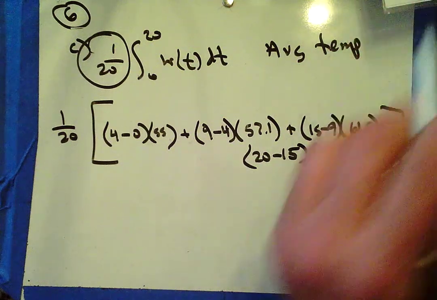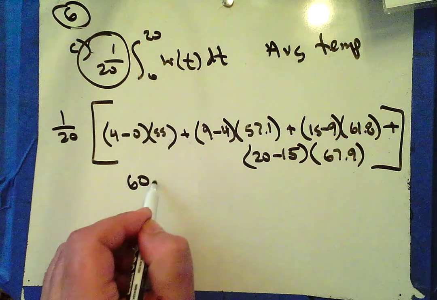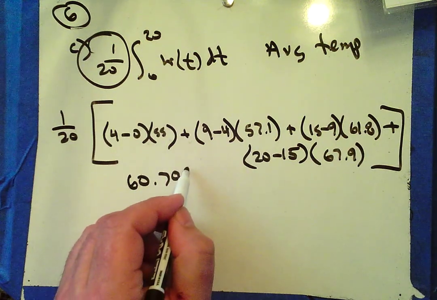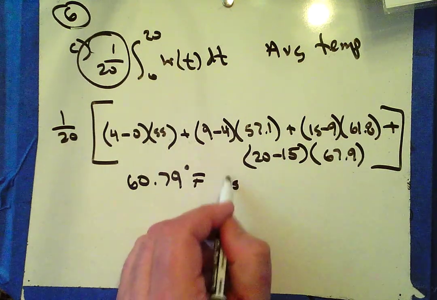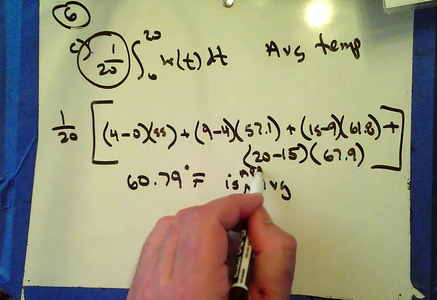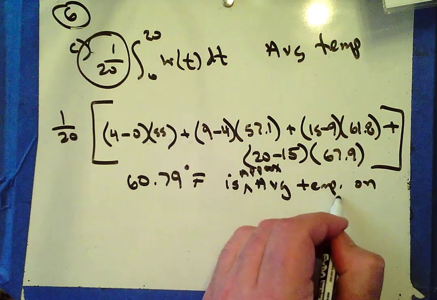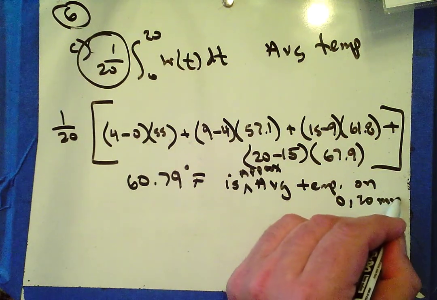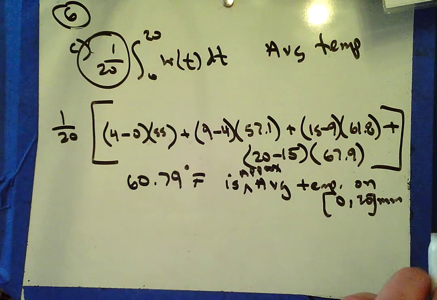Well, first, if you do take this further, you should end up with 60.79 degrees Fahrenheit as approximately the average temperature on 0 to 20 minutes. But then they ask whether or not this is an overestimate or an underestimate.